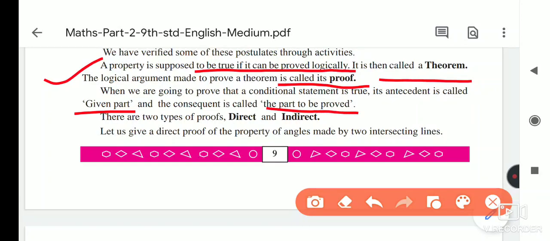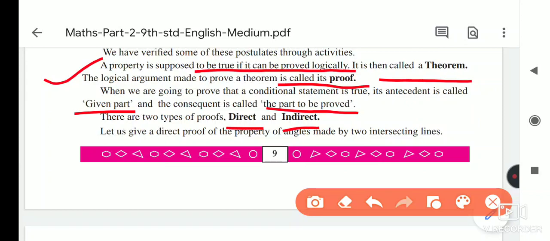There are two types of proof, direct and indirect, that we will see. In a direct proof, we show directly how the given statement is true. But in an indirect proof, we assume the given statement is wrong and then show it leads to a contradiction, so the statement is correct. You will understand that afterwards one by one.